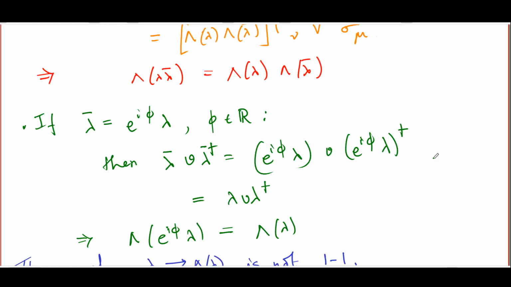Now we can cut down on this ambiguity a lot, simply by demanding that instead of considering all 2 by 2 matrices with mod of the determinant equal to 1, we will only focus on 2 by 2 matrices with determinant equal to 1.